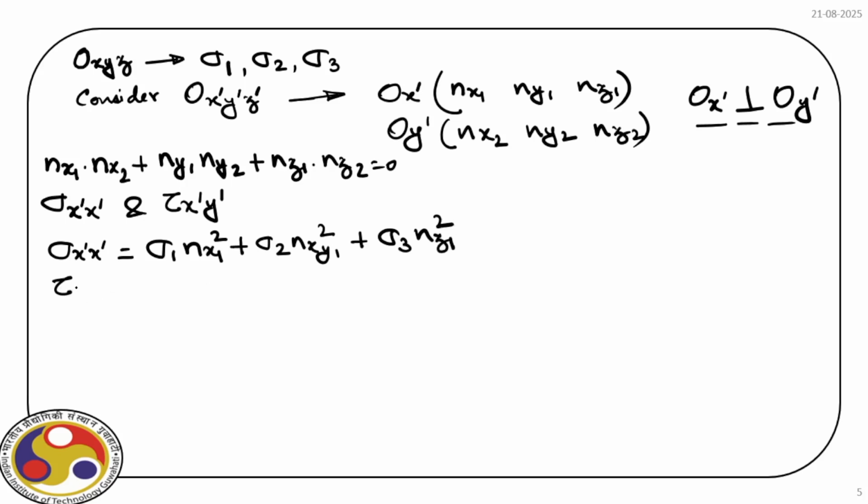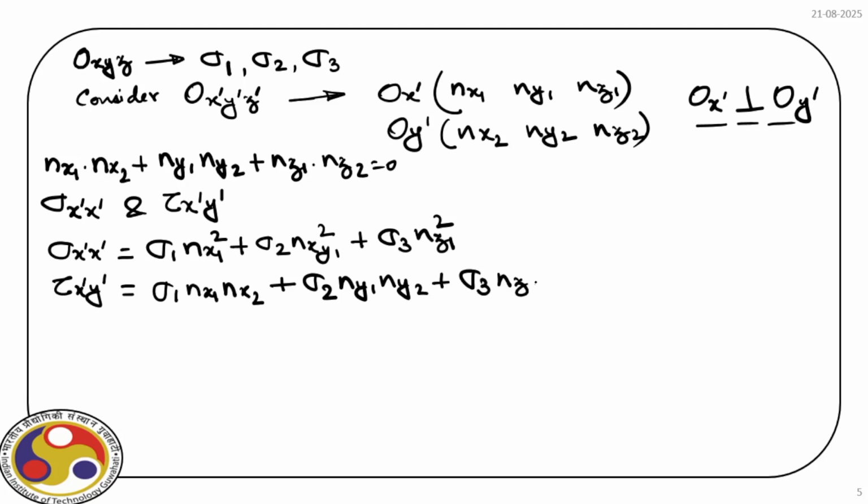Similarly, tau x prime y prime will be what? It is sigma 1 nx1 nx2 plus sigma 2 ny1 ny2 plus sigma 3 nz1 nz2.